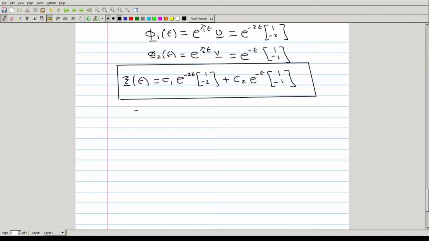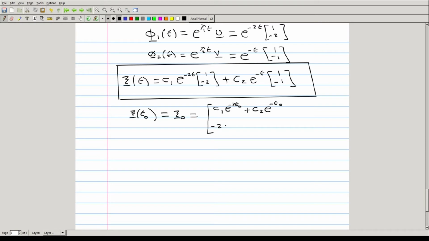Now, to specify an initial condition, we can go through and satisfy this by plugging in the initial condition, which is xi of t naught is equal to xi naught, which becomes equivalent to c1 e to the negative 2t naught plus c2 e to the negative t naught.